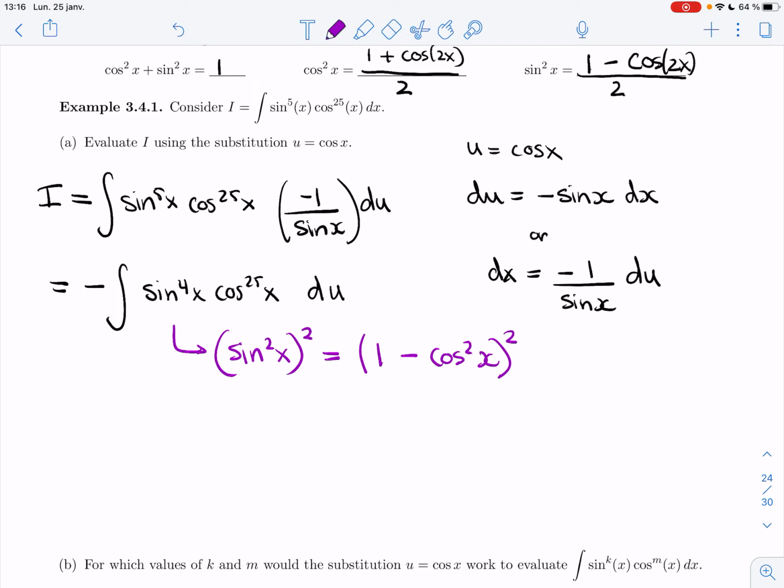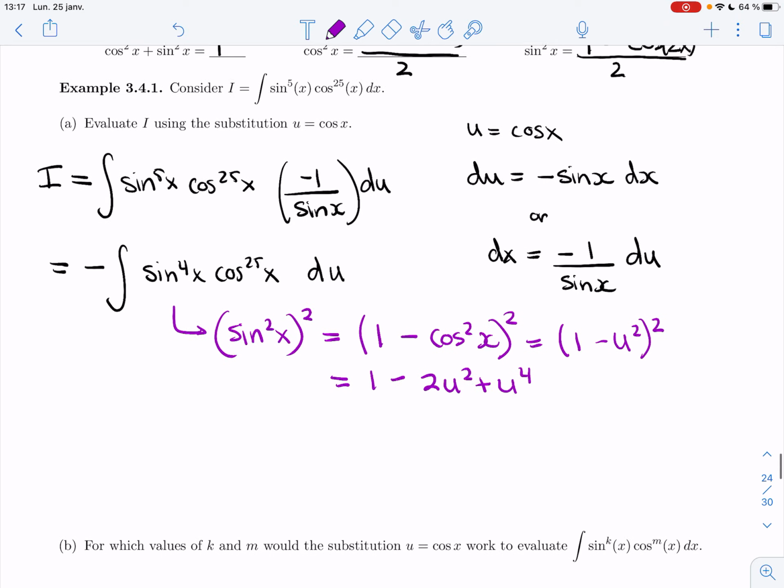And, well, cosine squared is u squared, so I get 1 minus u squared, squared. And then let me expand it. I'll need to expand it anyway, so let me do it here. I'm going to do 1 minus 2u squared plus u to the 4. If you remember the way to square a binomial like this, just do it. If you don't, you could write it as 1 minus u squared times 1 minus u squared and expand.